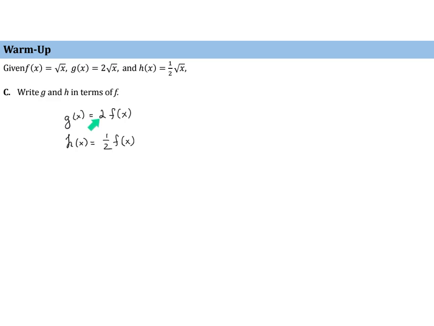So notice the 2 occurs after the parent function, and so this multiplication of 2 is going to stretch vertically our function f. Likewise, here our 1 half occurs after our parent function, and it's being multiplied, so our outputs are going to be reduced by a factor of a half, and therefore we see a vertical compression.